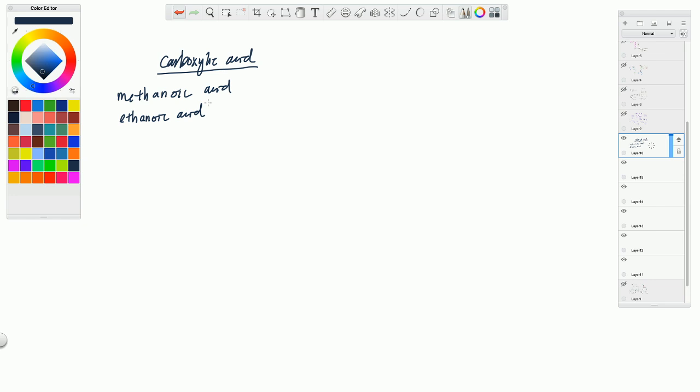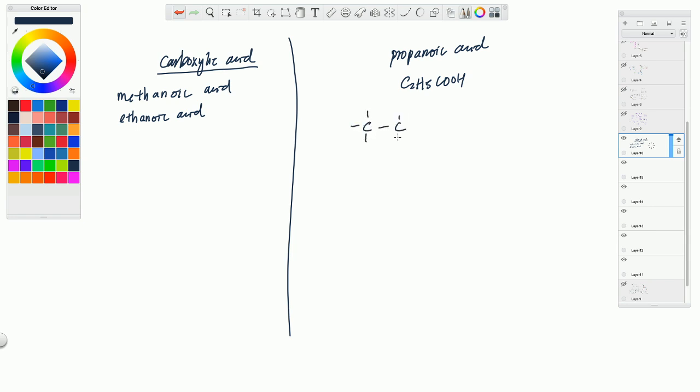Let's try something simpler. Let's try propanoic acid. Everybody knows propanoic acid is C2H5COOH. Let's draw it out. C2H5COOH.